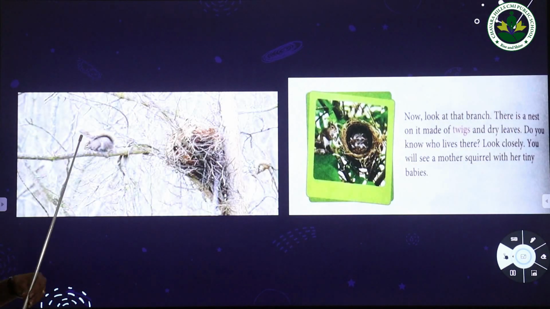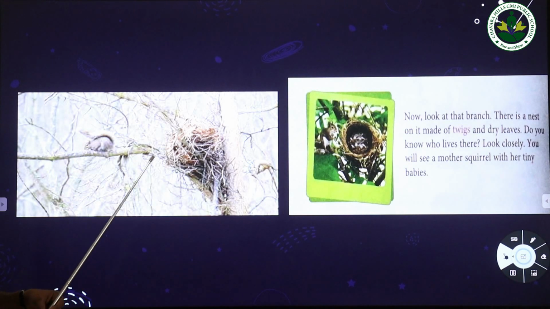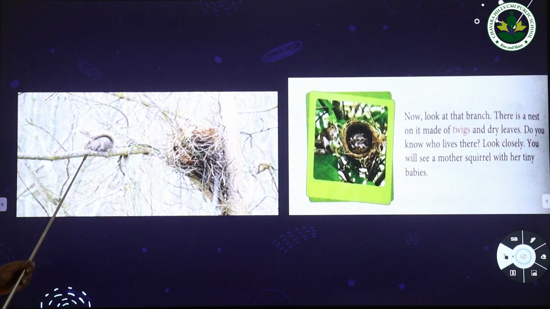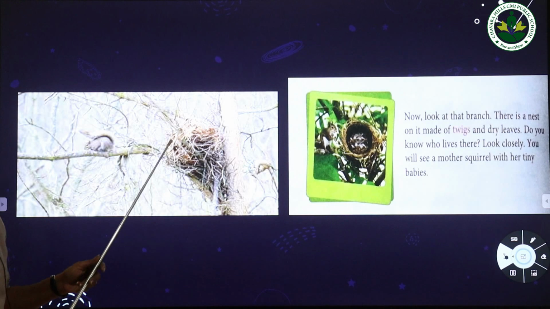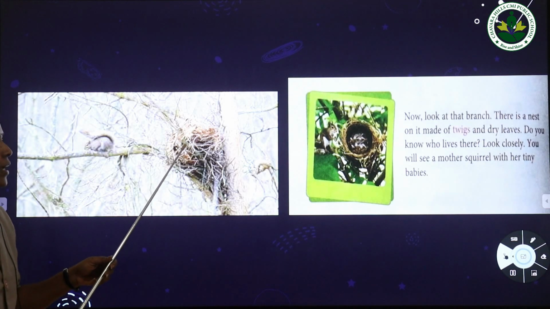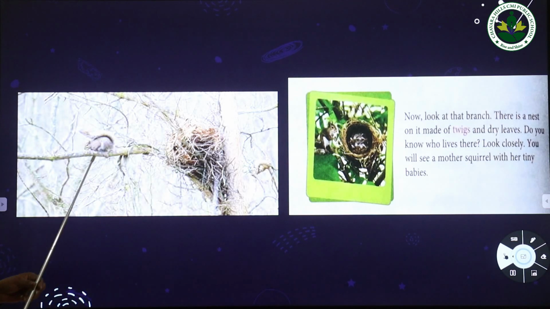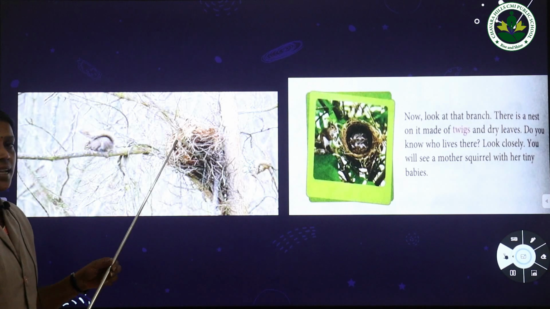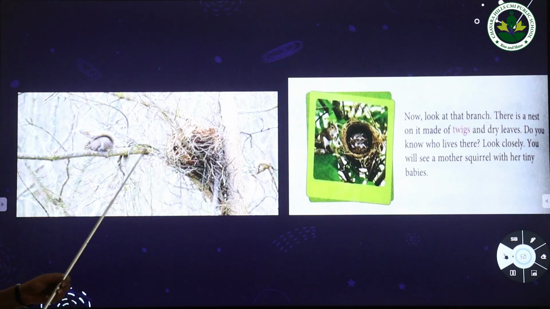Now look here. Here we can see an animal. This is another friend of our big old tree. Who is this? Here we can see a squirrel. Now look here. This is the nest of that squirrel. So the squirrel made its nest in the tree.